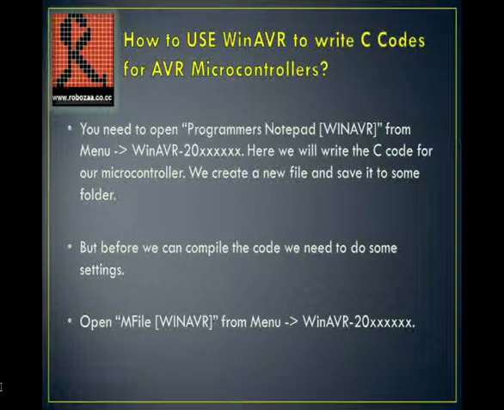This is also installed by default when you install WinAVR. In the Programmer's Notepad we'll write our C code, and we can compile the C code written in the Programmer's Notepad, but before that we need to open the makefile and edit it. So the next couple of slides will show you how to do it actually.